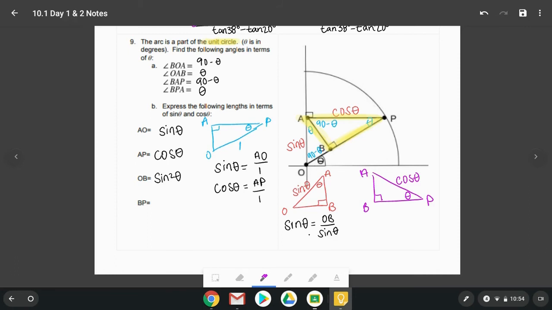So now if I'm looking for side BP, well, that's the adjacent of my current angle P. So I can set up cosine theta equals my adjacent side BP over the hypotenuse AP, which we already found to be cosine theta. And so BP should equal cosine squared theta.